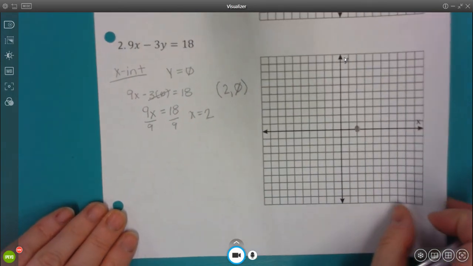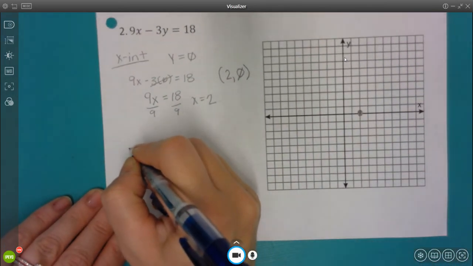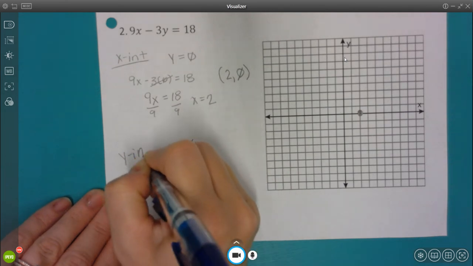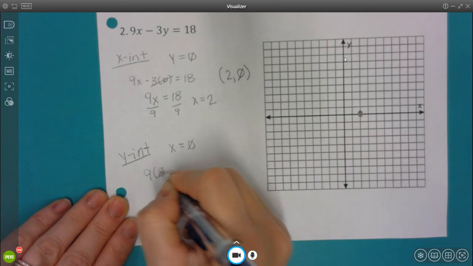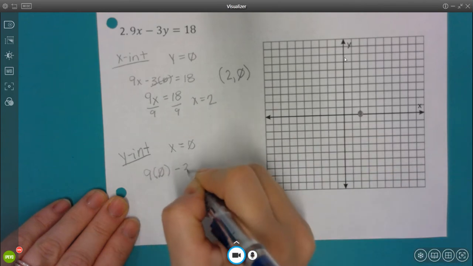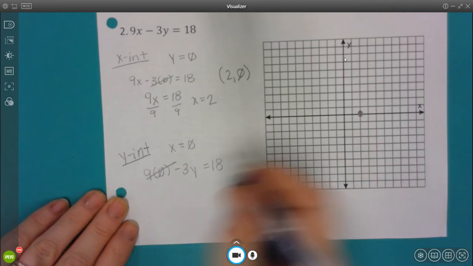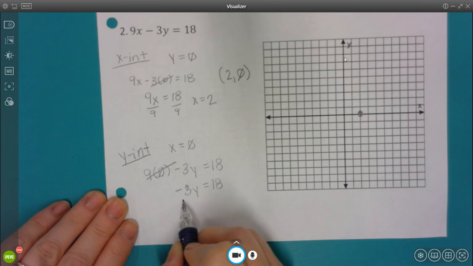Now I'm going to do the same thing with x. And I'm going to replace x with 0, meaning I'm finding my y-intercept. So I've got 9 times 0 minus 3y equals 18. That's going to turn out to be 0, so I'm going to get -3y equals 18.